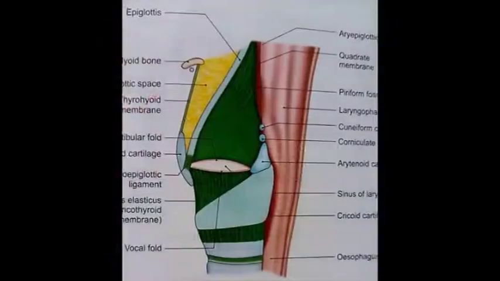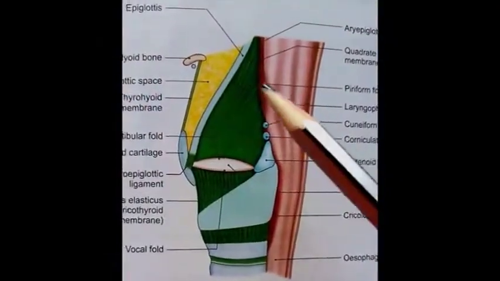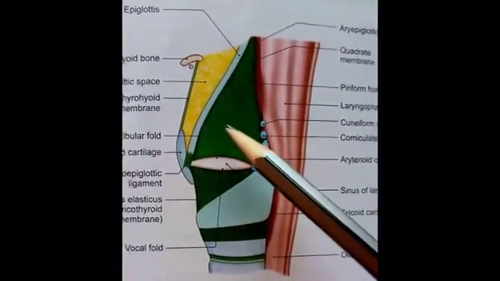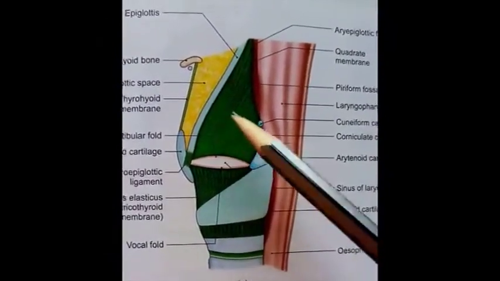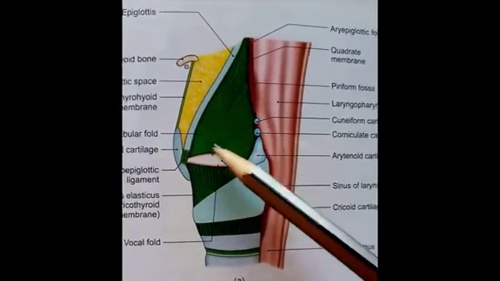Let us come to the intrinsic ligaments of the larynx. Intrinsic ligaments are in the form of a broad sheet of fibroelastic tissue known as the fibroelastic membrane of the larynx.